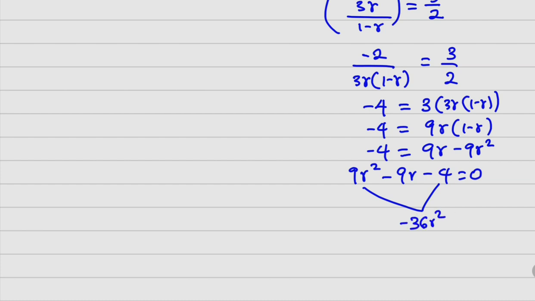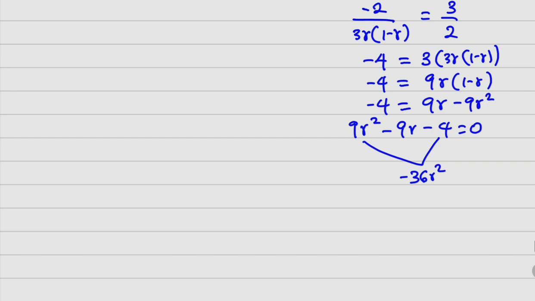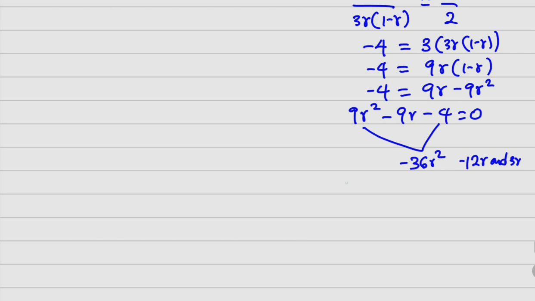So factors that will multiply to give you minus 36 and sum to give you minus 9 will be, I think, minus 12R and 3R. So we are going to have 9R squared minus 12R plus 3R minus 4 is equal to 0.